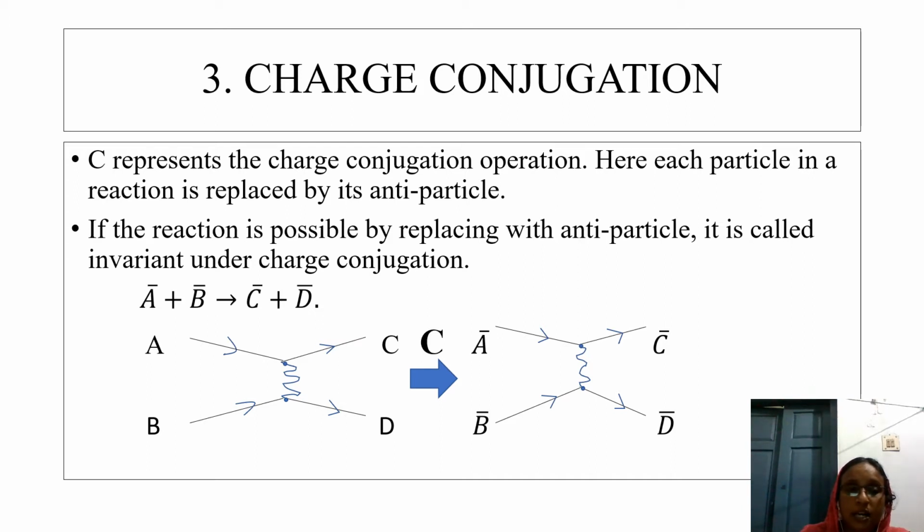A bar means the antiparticle of A, and the antiparticle of B interacts with it and forms the antiparticle of C and the antiparticle of D. You can see this interaction symbolically like this. If this interaction is also possible in nature, we can conclude that the interaction is invariant under charge conjugation.